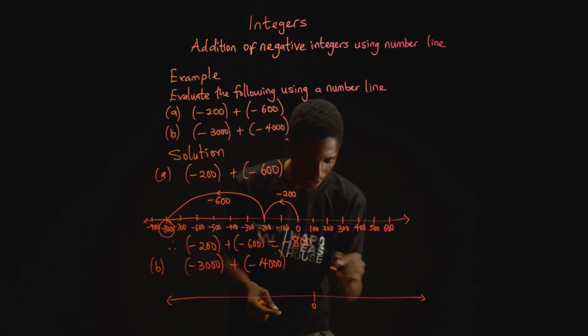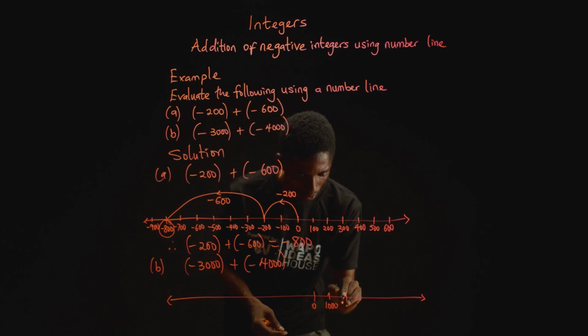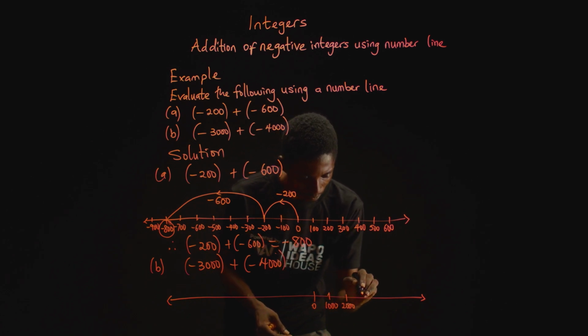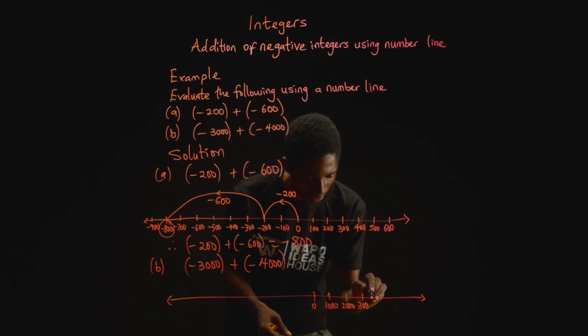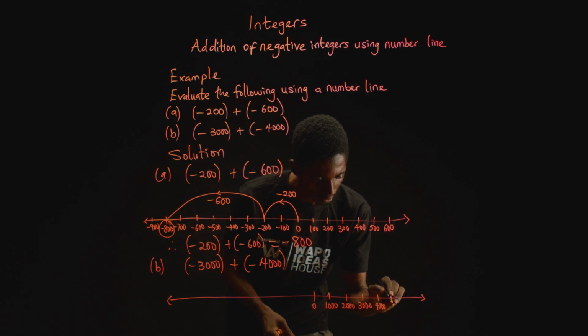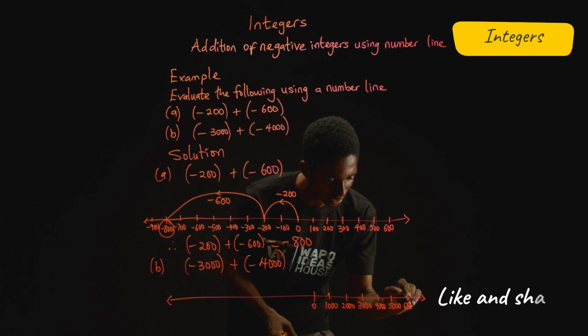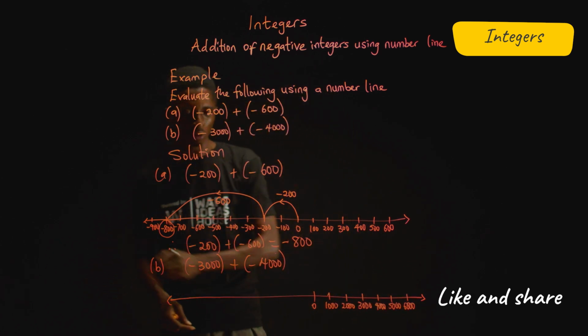0. To the right it will be 1000, 2000, 3000, 4000, 5000, 6000. Now to the left.